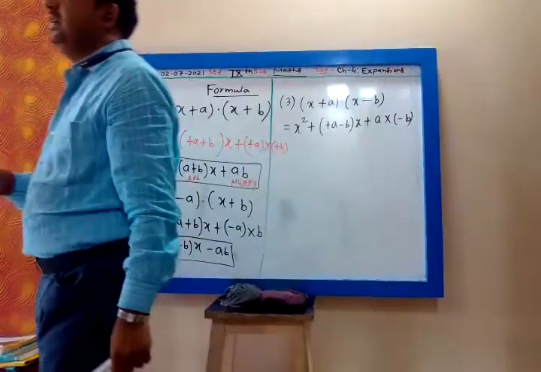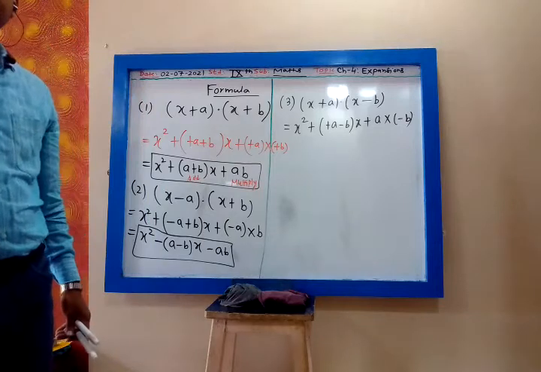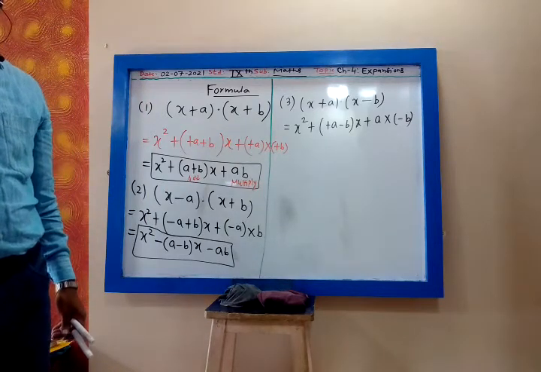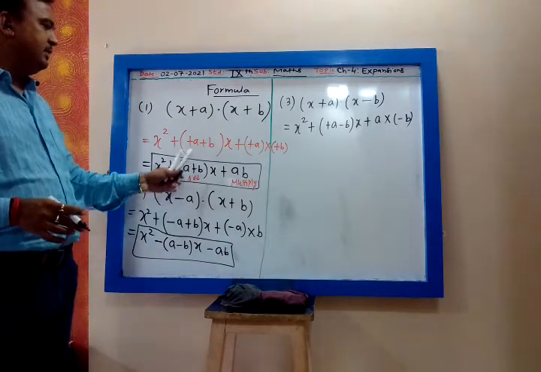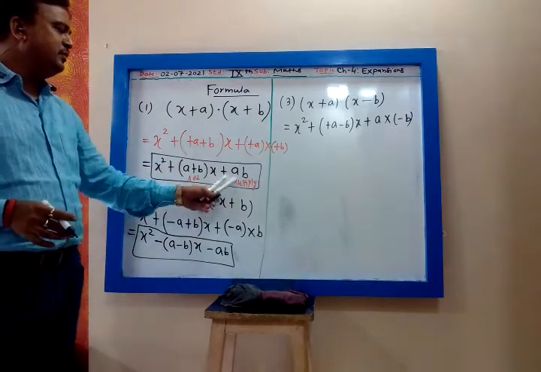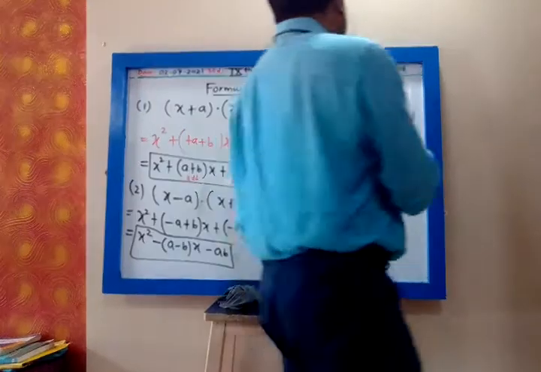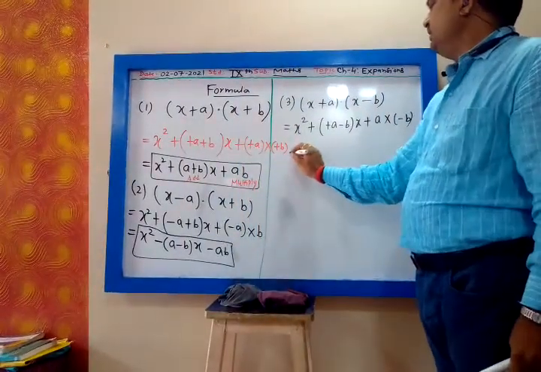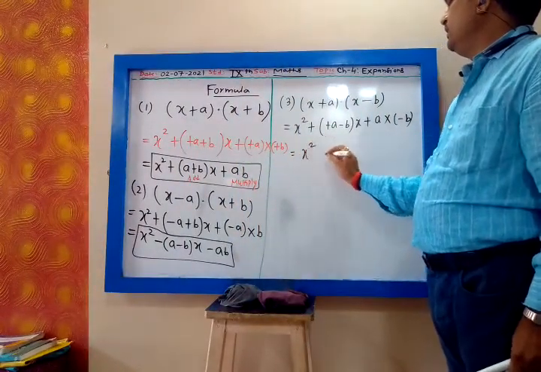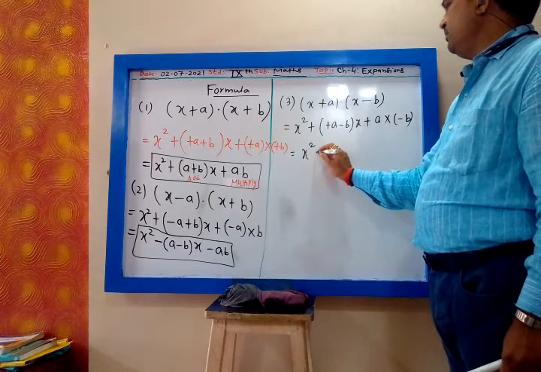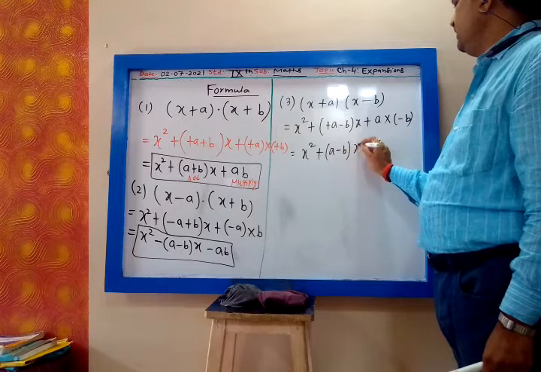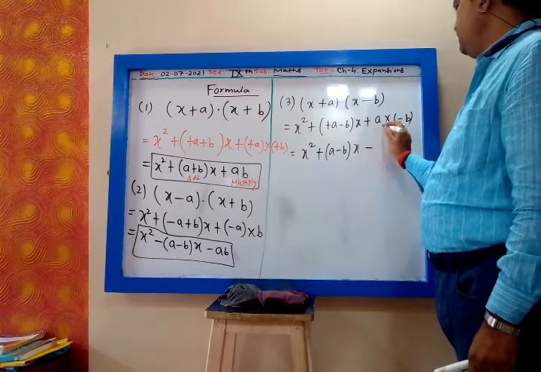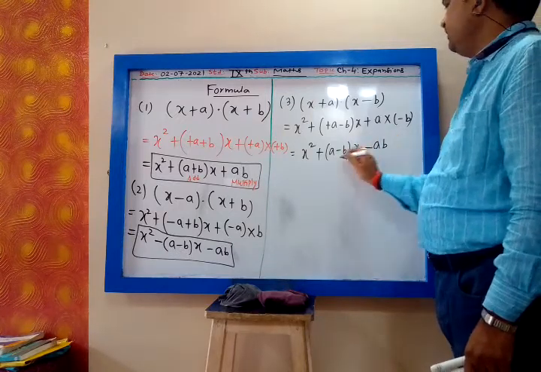So in between we add with their usual sign, and last we multiply with their usual sign, that's all, nothing else is there. So this becomes x square plus a minus b into x minus ab, that's all.